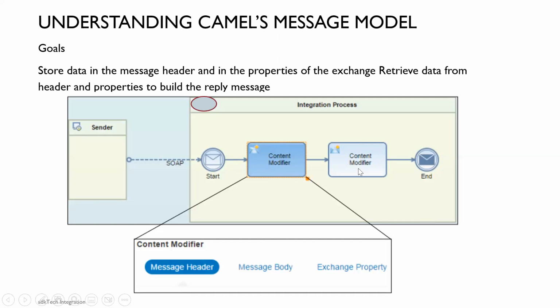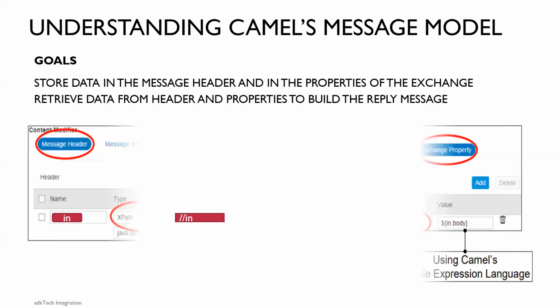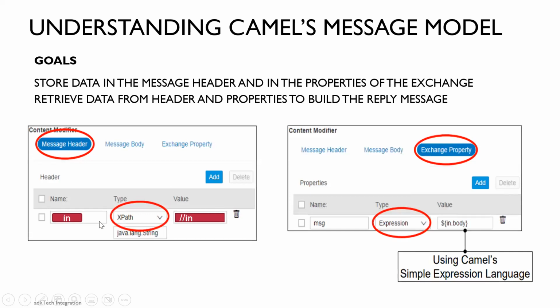And in the second content modifier, we are going to retrieve the message from our first content modifier and give it back to the SOAP sender, as we are using the In Out message flow over here.